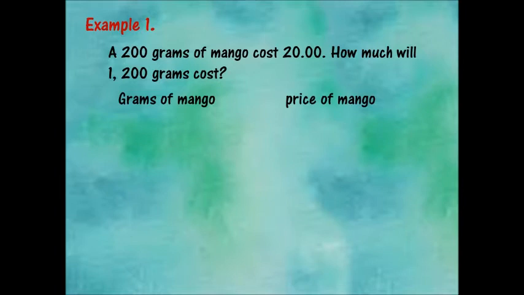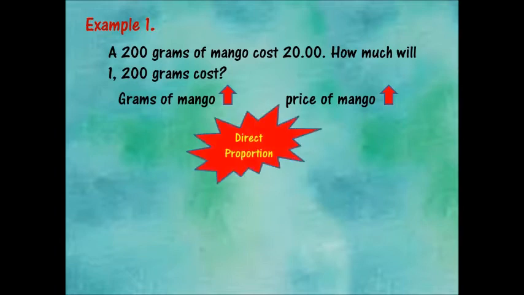Doon sa ating tanong, how much will 1,200 grams cost? Tumaas ba yung grams? Yes, nag-increase siya. Kapag nag-increase yung grams ng mangga, anong mangyayari sa presyo? Siyempre, yan ay tataas. Therefore, what kind of proportion is that? Yes, that is direct proportion. Kasi sabay na nangyayari ang pagtaas sa dalawang variables.